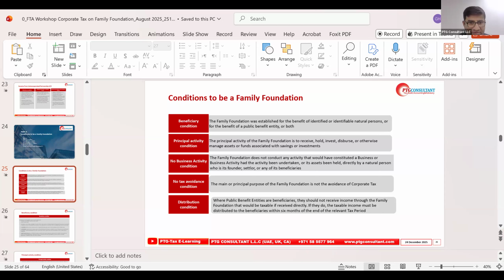I'm just family foundation. Smart property sketch.